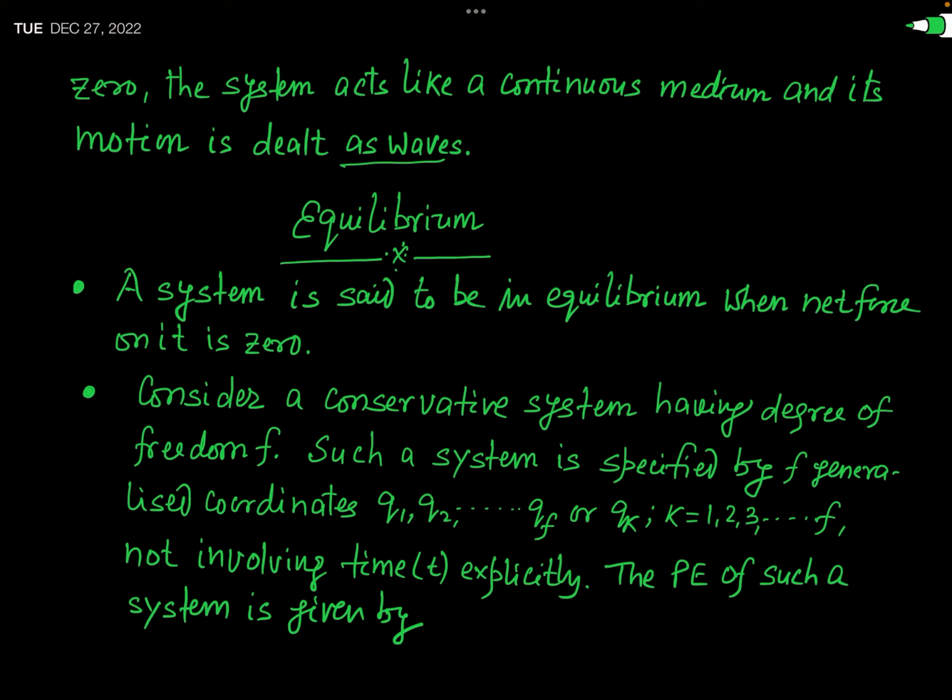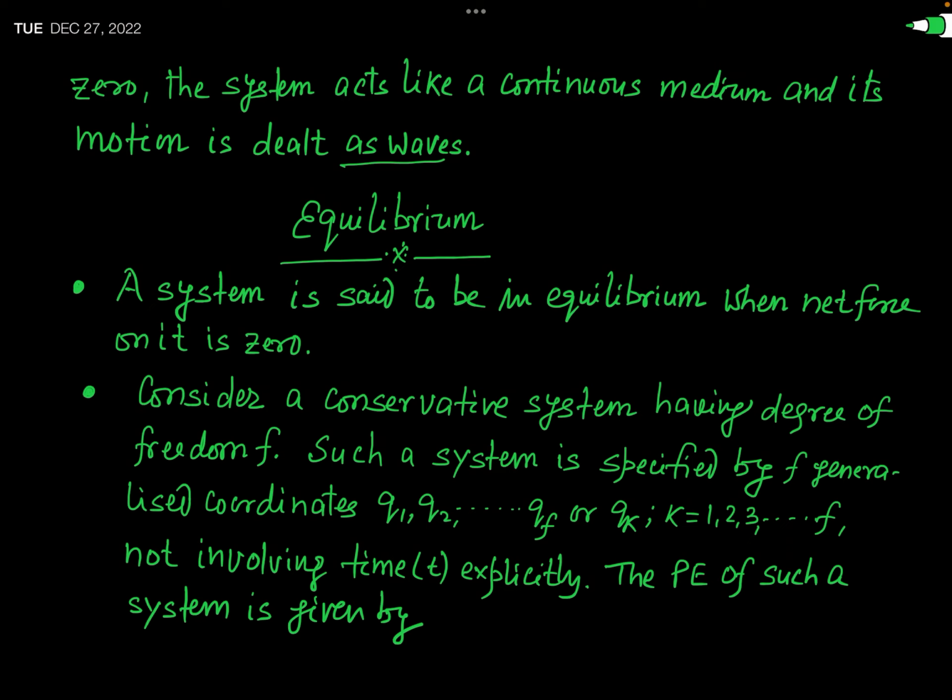So, to understand the idea of equilibrium, let us consider a conservative system, and let us say it has f degrees of freedom. f is the number of degrees of freedom of our conservative system. As you know, if f is the number of degrees of freedom, definitely the number of independent variables, or the number of generalized coordinates needed to specify the configuration of the system, must be equal to f.